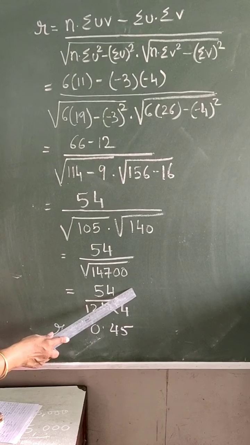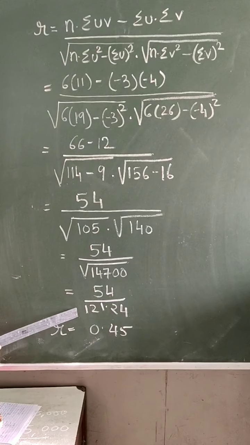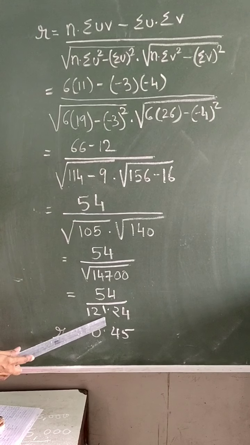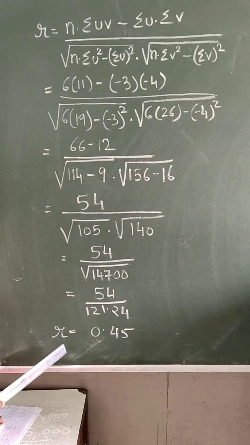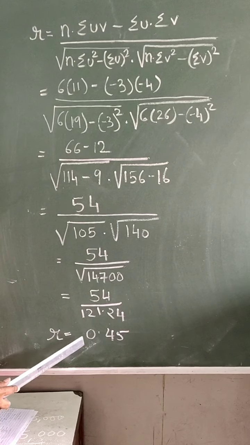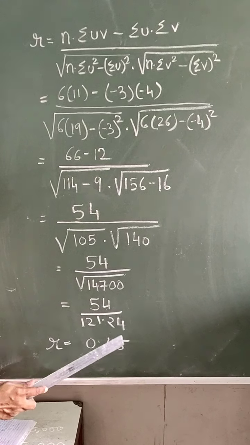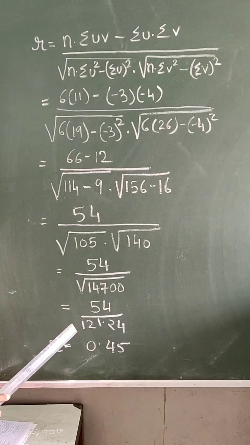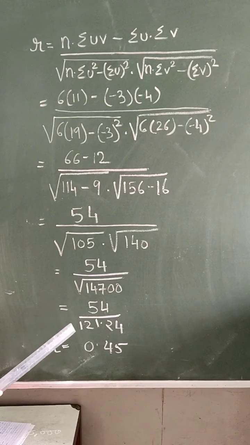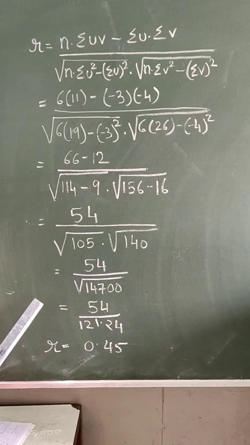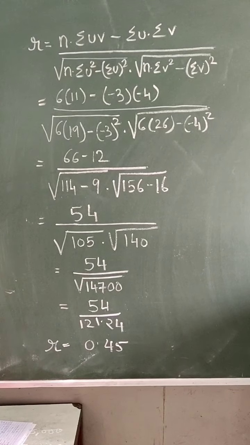Now with the help of calculator we find out the root, 54 divided by 121.24. So correlation coefficient comes to 0.45. This was shortcut method where we have changed the origin and scale of the original data so that our calculation becomes easy.